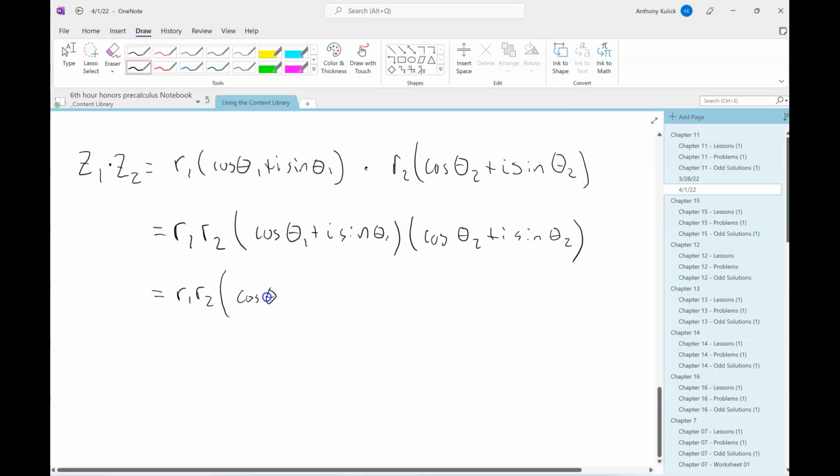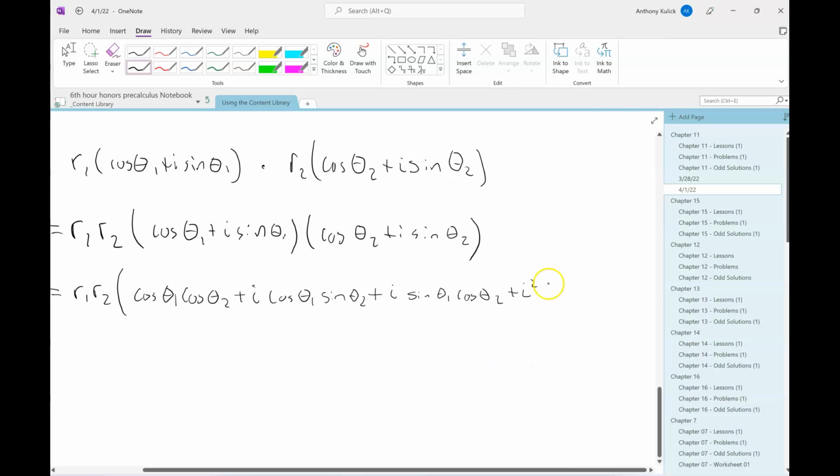So I get cosine theta 1 times cosine theta 2, plus I times cosine theta 1 times sine theta 2, plus I times sine theta 1 times cosine theta 2, plus I squared sine theta 1 times sine theta 2.